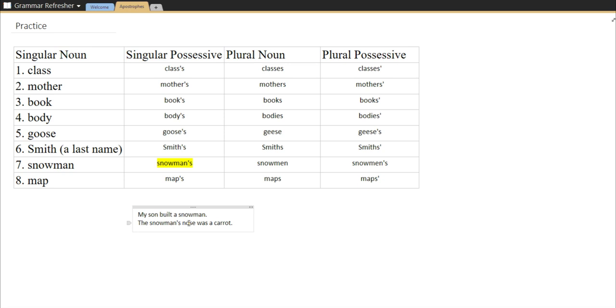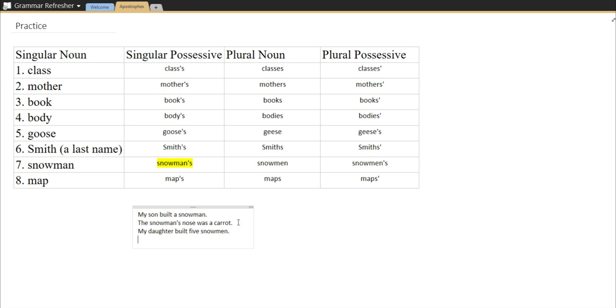The nose belongs to the snowman, so I have to use an apostrophe S to show possession. Okay, next we have the plural form of snowman, which is snowmen. So I'll say my daughter built five snowmen. So this is just a simple use of the plural word snowmen.